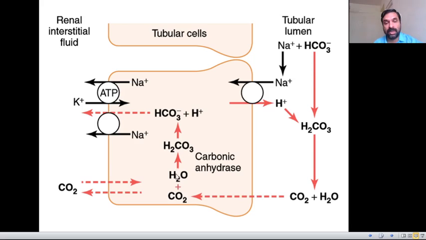Inside the cell they unite again to form carbonic acid, and in the presence of carbonic anhydrase it splits into H+ and HCO3-. H+ is secreted and HCO3- is taken into the renal interstitium. So bicarbonate is reabsorbed along with H+ secretion.